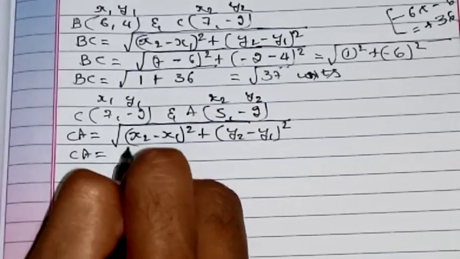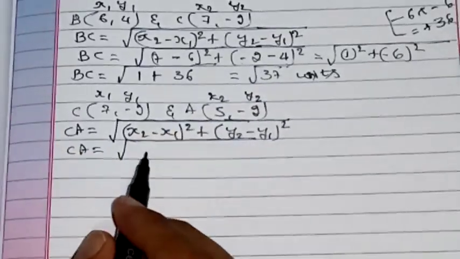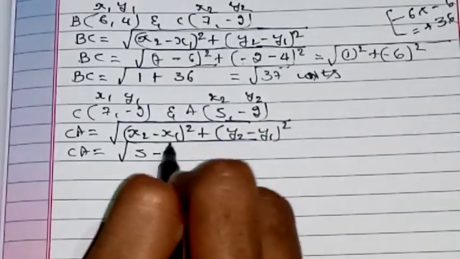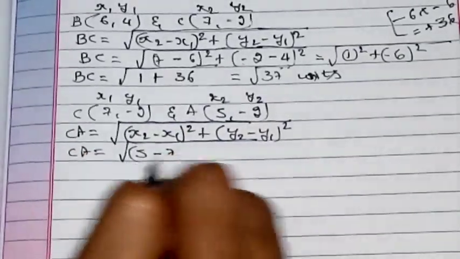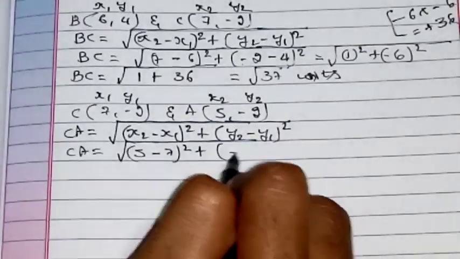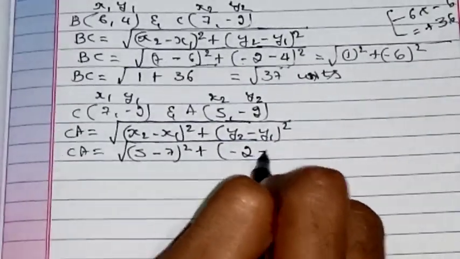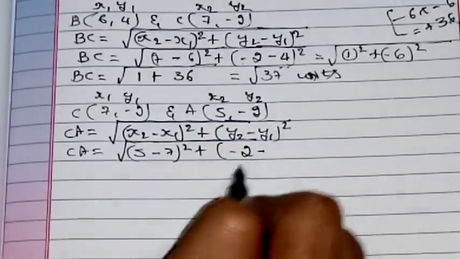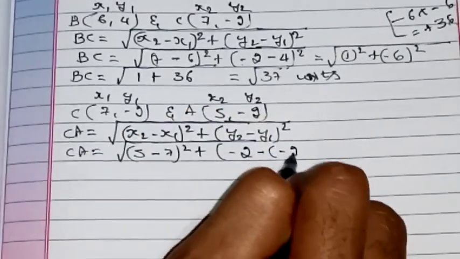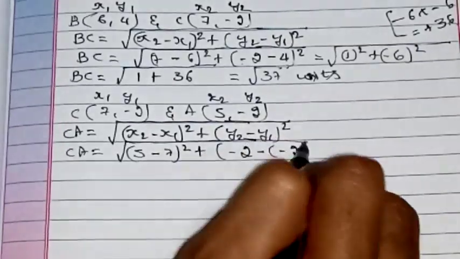Now apply the values. CA is equal to the square root of, what is the value of x2? X2 is 5 minus, what is x1? 7 whole square plus, what is y2? Y2 is minus 2 minus, what is y1? Y1 is nothing but minus 2, whole square.